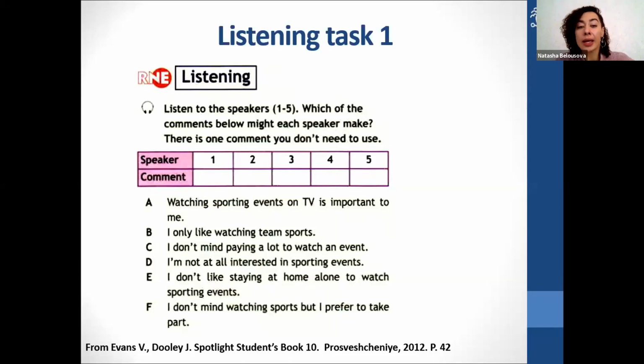And I always think that when you do exam tasks with the students, when you practice exam tasks, it's a waste of material if you just use it for its direct purposes. And I always think that it's a good idea to give a task a second life, sometimes a third life, many lives, to also use the material to practice or develop some other useful skills that the students need.